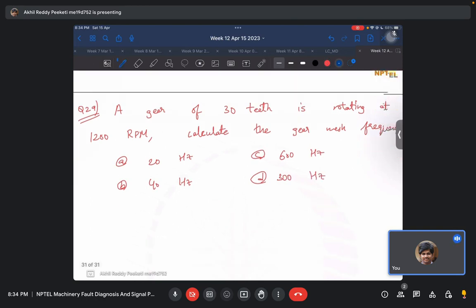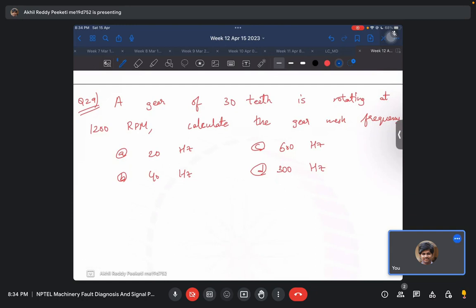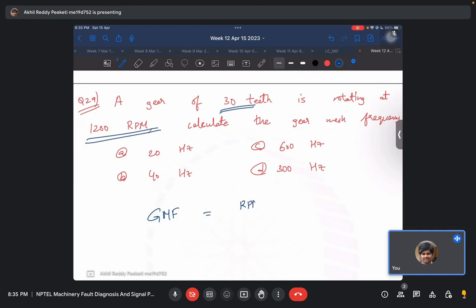So what should be the gear mesh frequency if a gear of 30 teeth is rotating at 1200 RPM? It is RPM by 60 into the number of teeth.